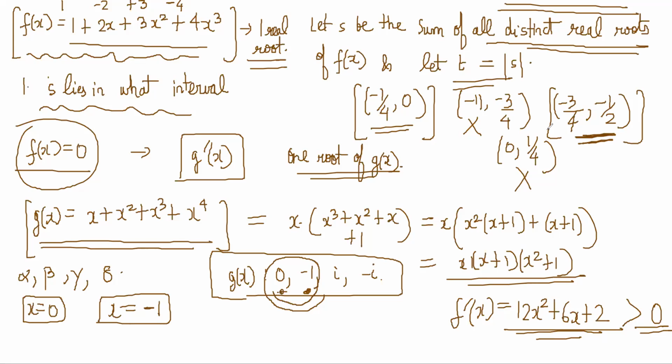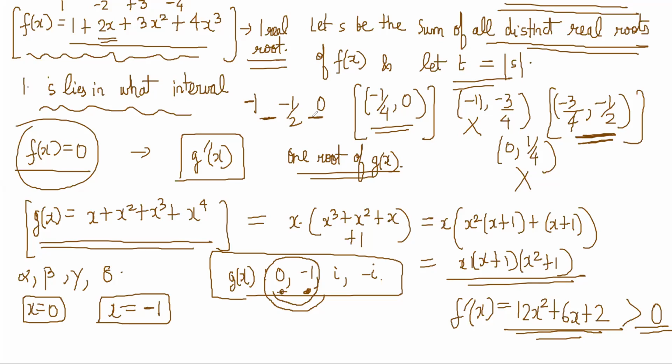0 and -1. Okay. So actually, I just check the value at -1/2. What do you get from that? You will get whether the root belongs between -1 and -1/2 or between 0 and -1/2.